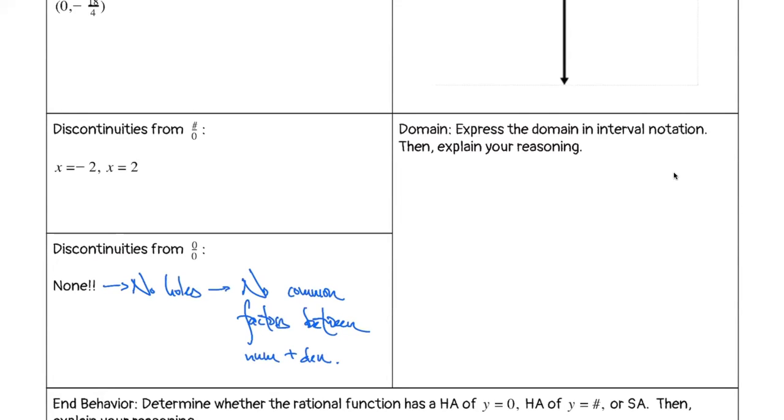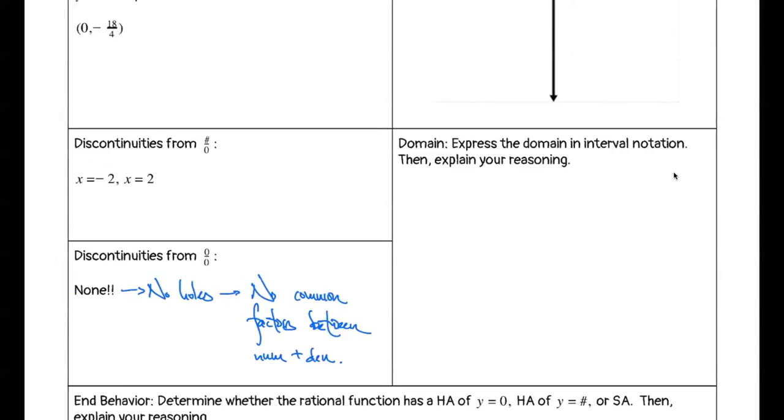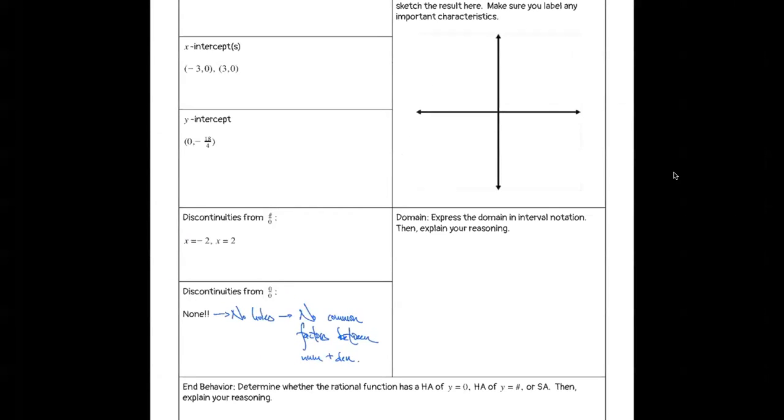Love it. Love those connections. All right, so we could graph some of these points. Negative 3, 0, positive 3, 0, negative 18/4, and maybe a vertical asymptote here and here. Okay.